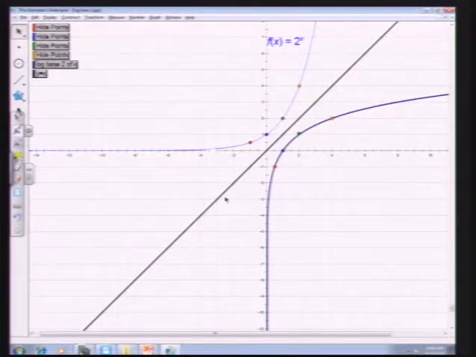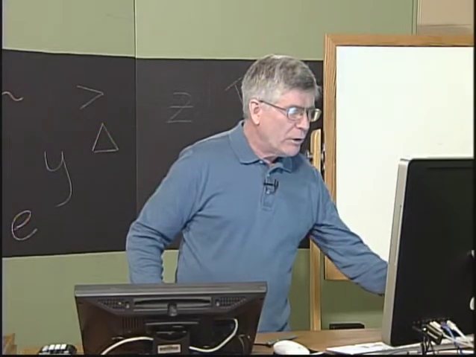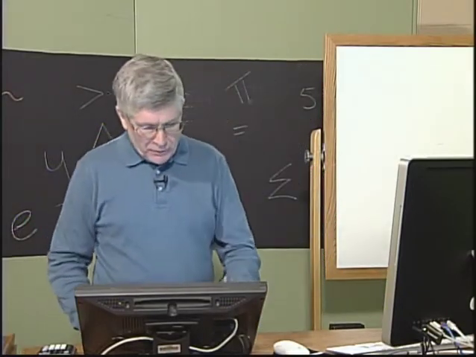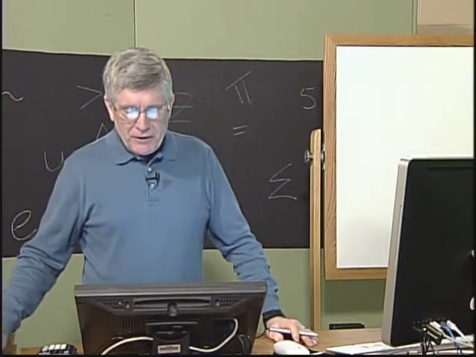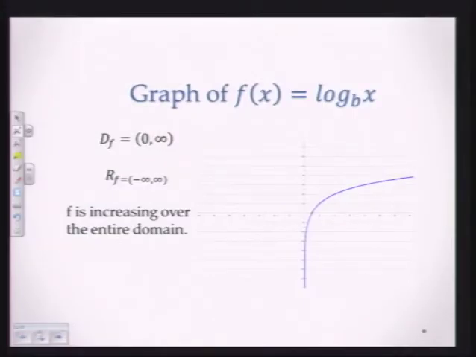So now let's go back and explore some more with graphs of logarithmic functions. Let's look at this general graph of the log base b of x. You'll notice in this case that the domain of f, which means what is it that we can put in place of x up here, the domain of f is any positive real number.